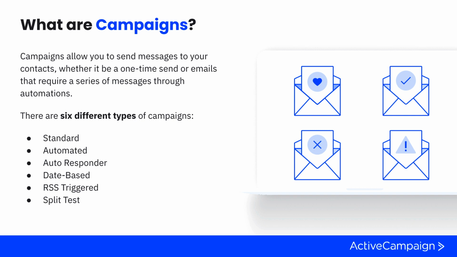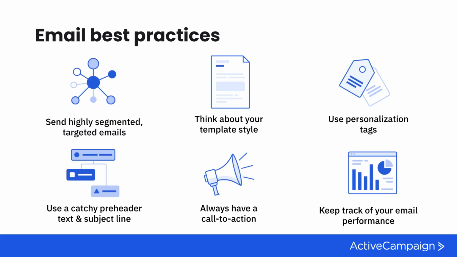A campaign will automatically go out to that contact based on the date meeting criteria. RSS triggered is for if you're a blogger. And split testing is a great way to test different campaigns against each other to see what is performing better and to get the best idea of how your contacts are responding to your campaigns.